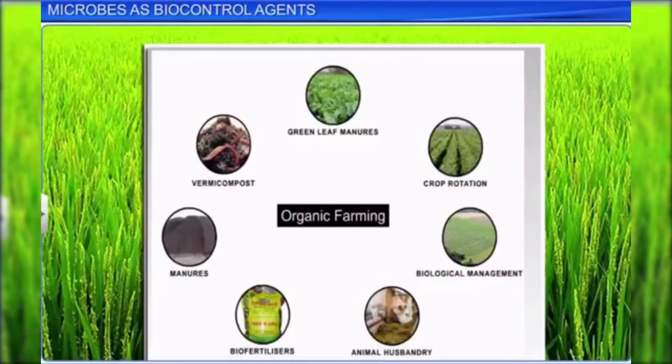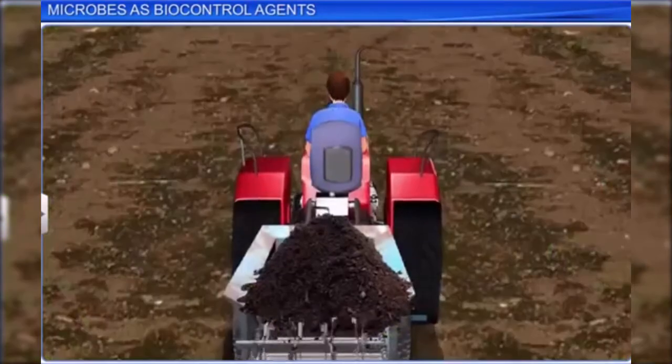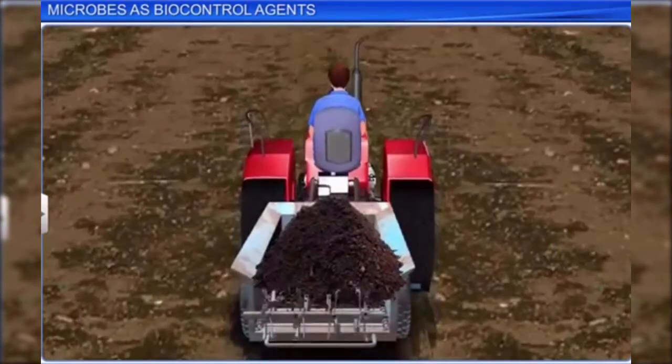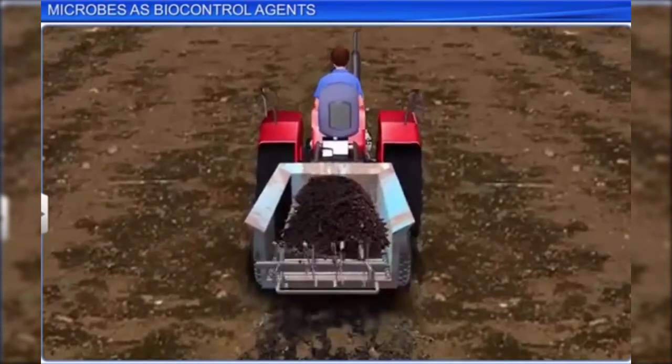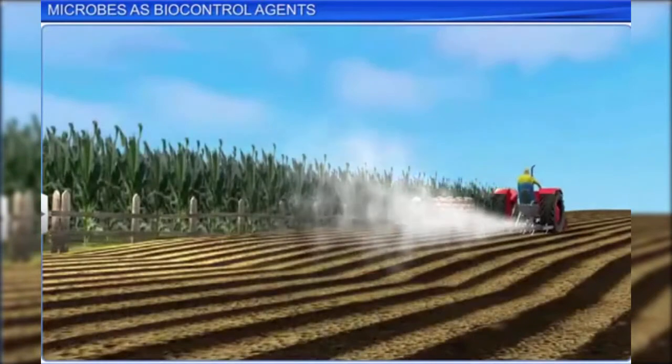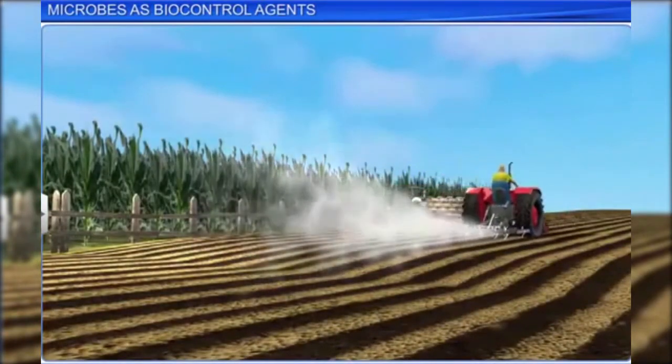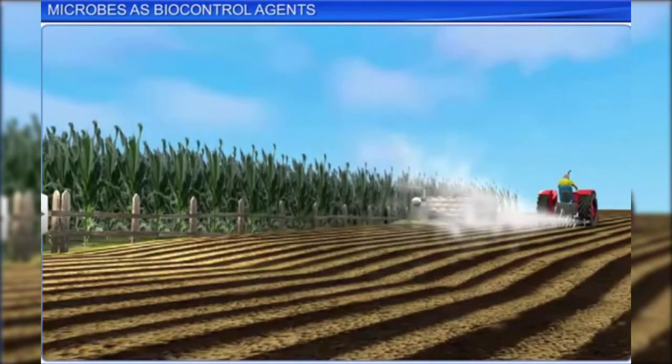Organic farming, in other words, is an attempt to create a living, vibrant and natural ecosystem in the fields by using natural green manure, compost, organic insecticides, fertilizers, and biological pest control methods, and limiting the use of synthetic pesticides and fertilizers.